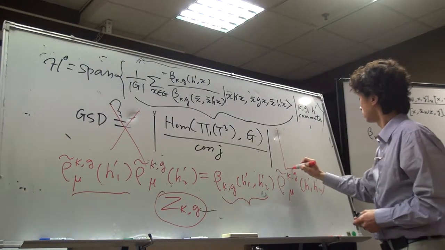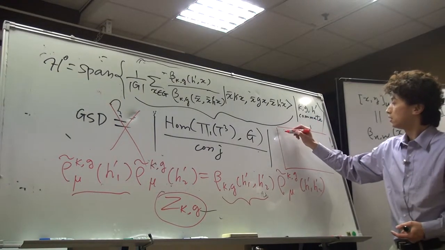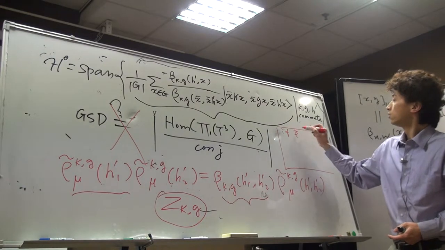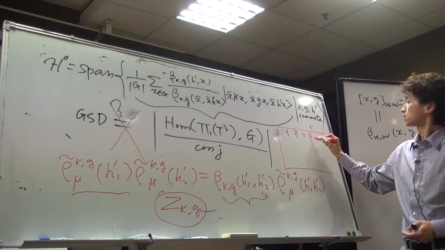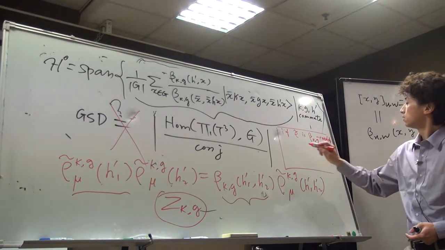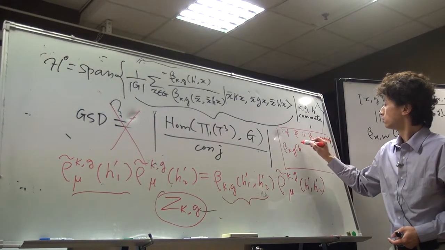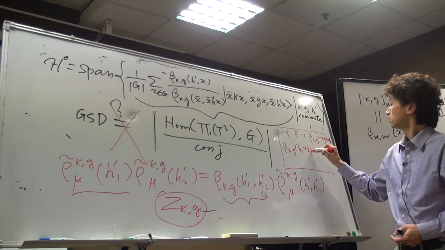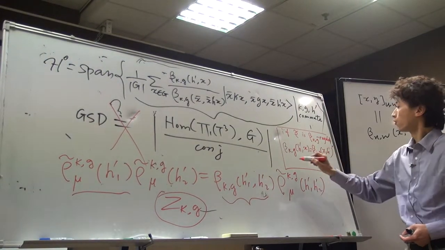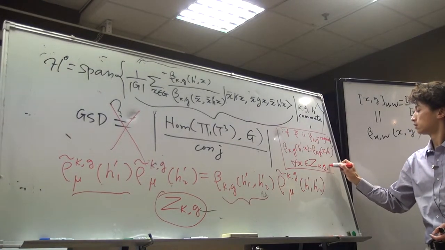And there is another concept called the beta regularity. If a rho is beta_kg regular, it means that beta_kg(h', x) equals beta_kg(x, h') for all x that commute with kg and h'.